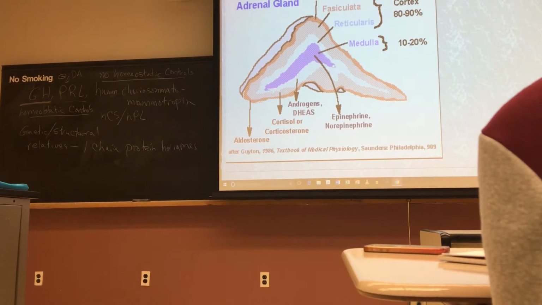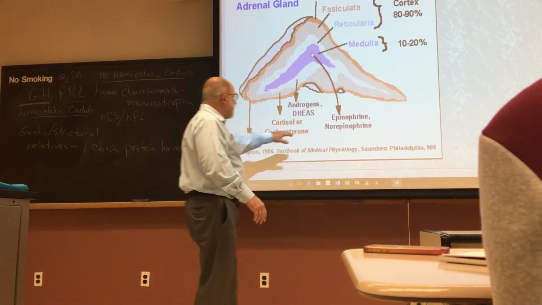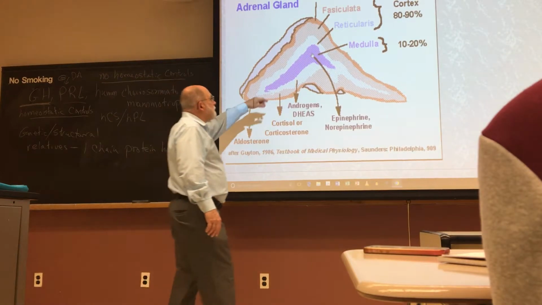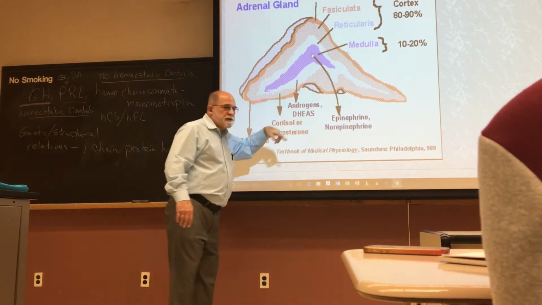The middle part, the medulla, is a modified ganglia. It's a derivative of the nervous system. It produces epinephrine and norepinephrine. The next layer out is the reticularis. It produces primarily androgens.